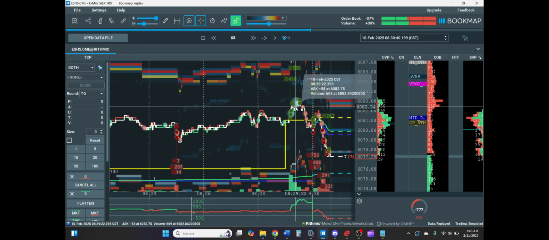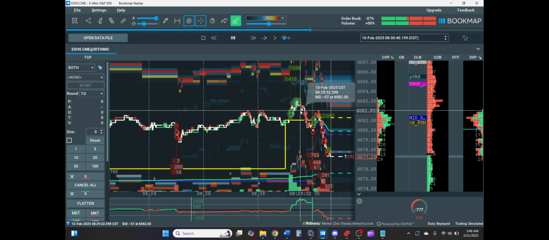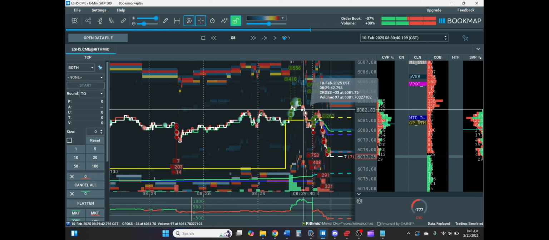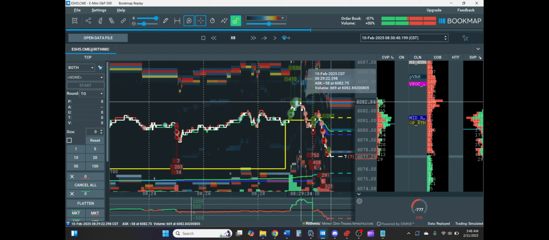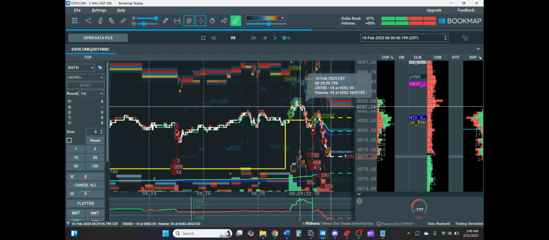First we had the sweep, so that's the first indication that there might be a reversal, and you can see right here where my mouse is, once we break that range, these buyers are now under the water because the sellers are now below the buyers, so they're in control.